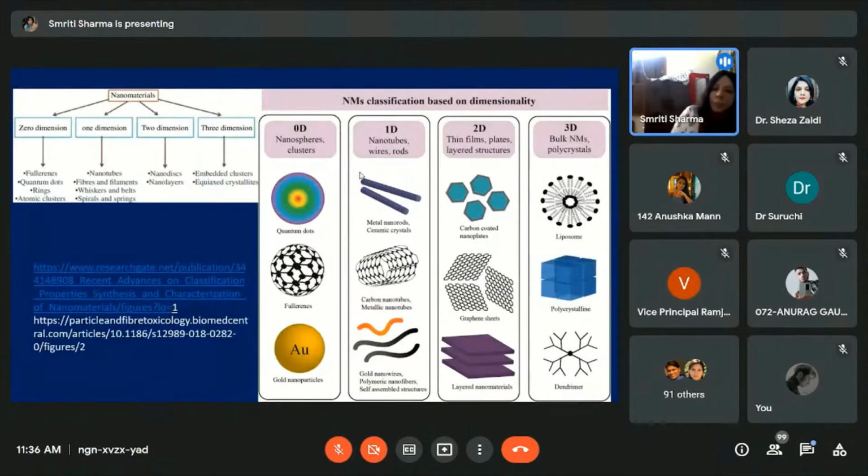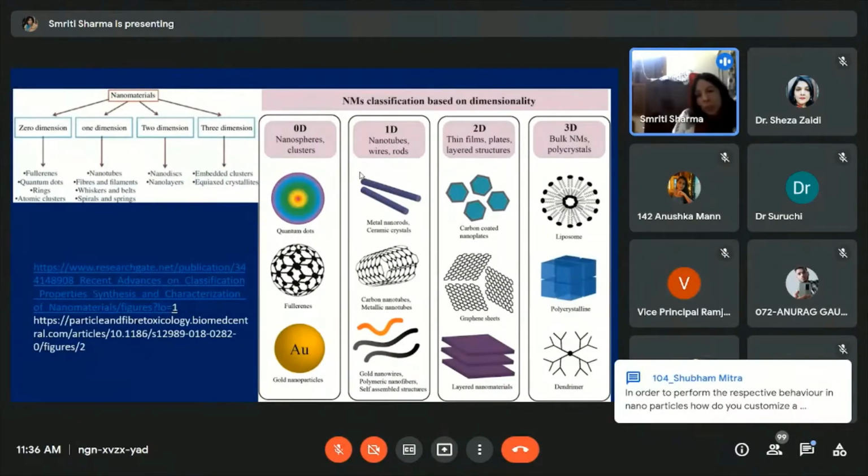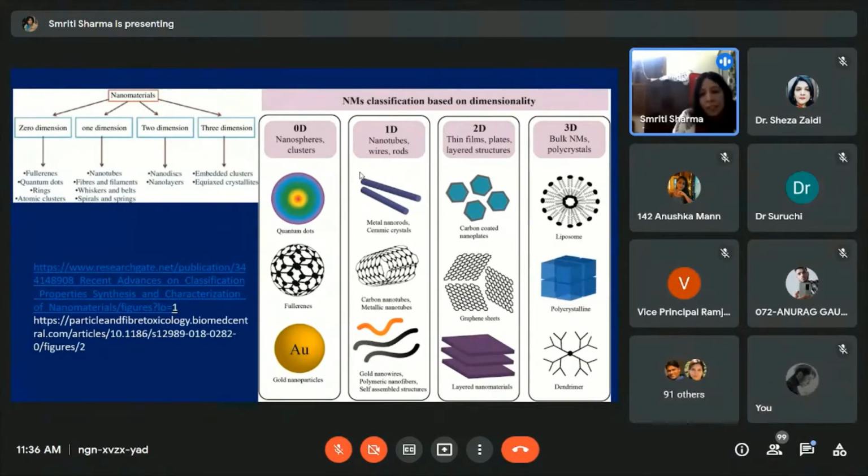Then this is very important, and sometimes I've seen people getting very confused about this. So I've included this in my talk: nanomaterial classification based on dimensionality. See, you have to understand, when I say zero dimension nanomaterial, that would mean none of its dimensions is in the macro scale.